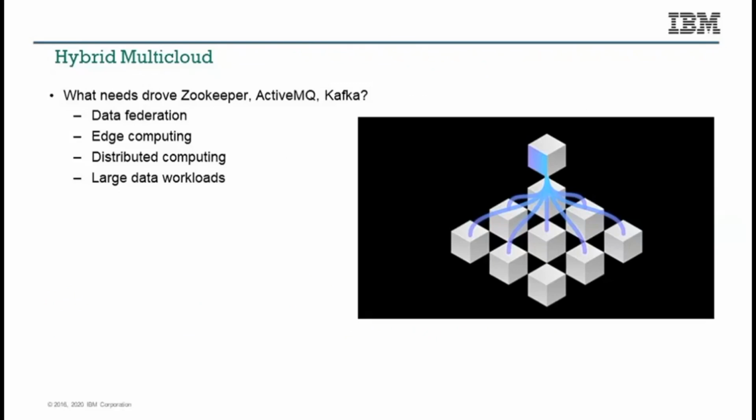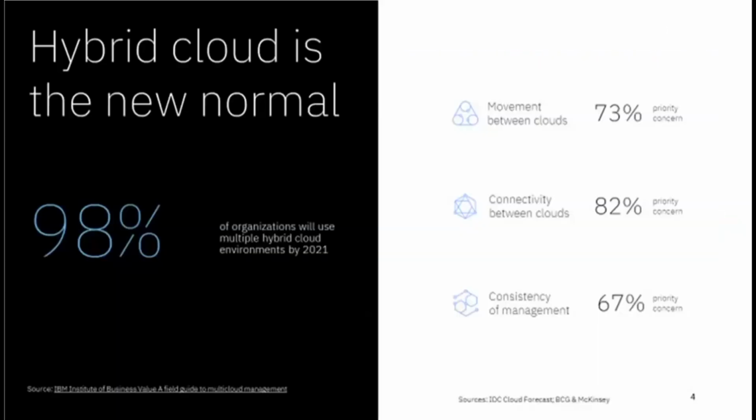And these are now the core tenets of hybrid multi-cloud. And we all know that hybrid multi-cloud is becoming very quickly the standard mode of operation. Everybody's doing hybrid multi-cloud. In fact, this is a study from a couple years ago where they predicted 98% of organizations will use multiple hybrid cloud environments by 2021.